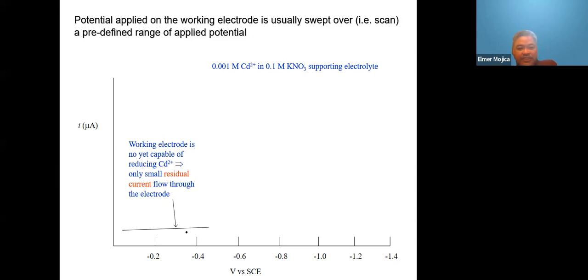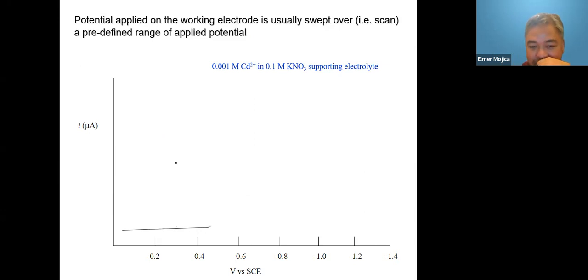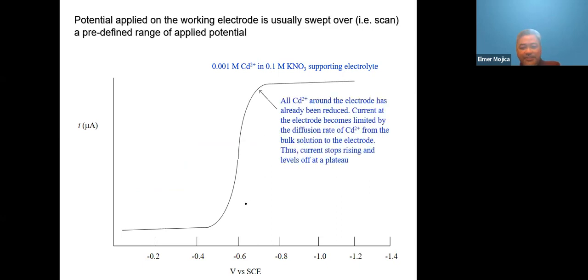At this potential, yung working electrode mo, hindi niya kayang i-reduce yung Cd2+. And then you continue sweeping it, and then all of a sudden, tumaas. Okay, so what does it mean here? This potential is the one that you can use wherein you can convert your Cd2+.